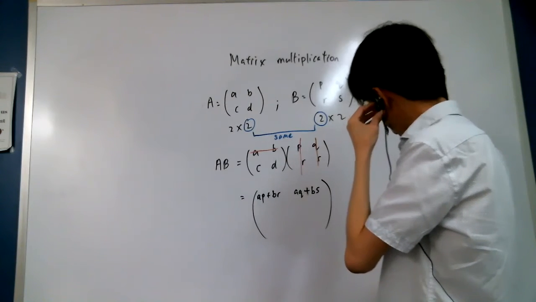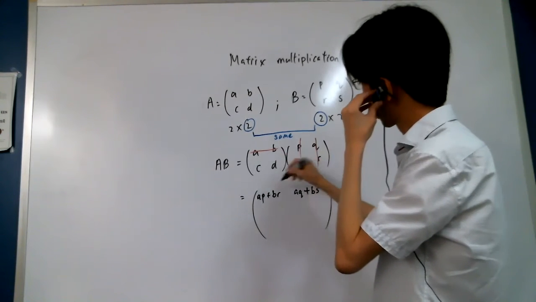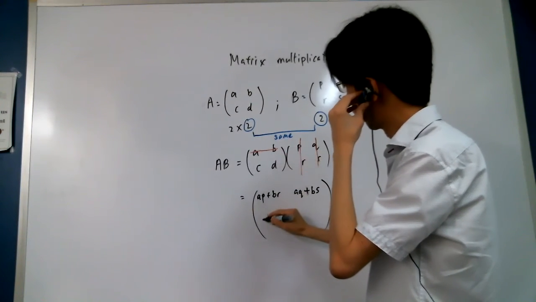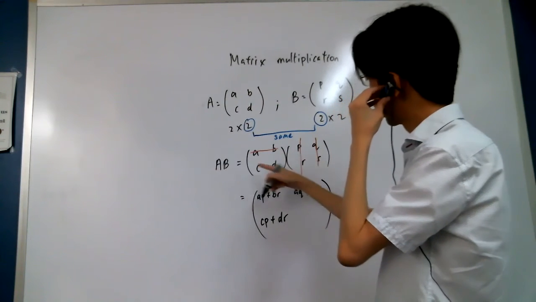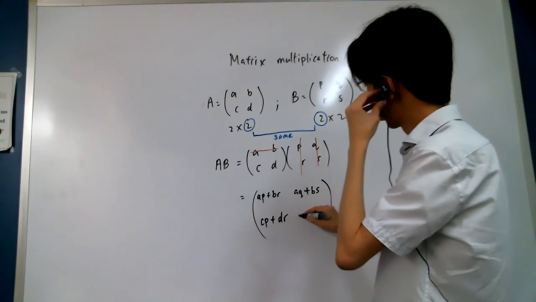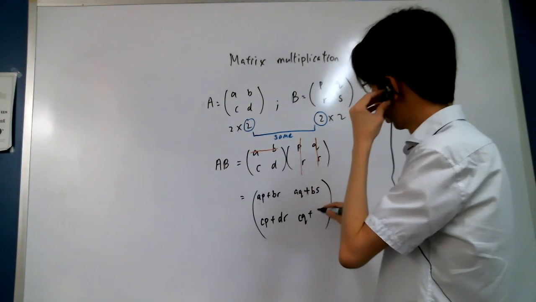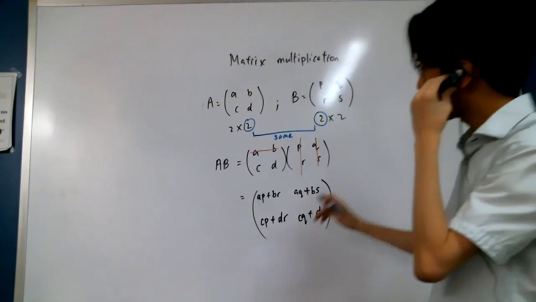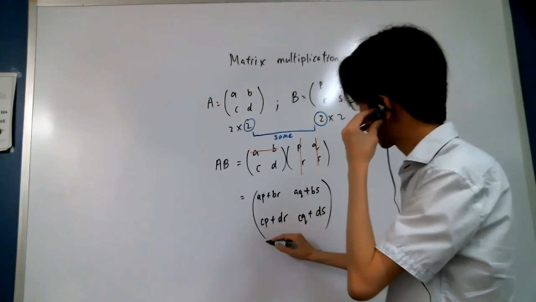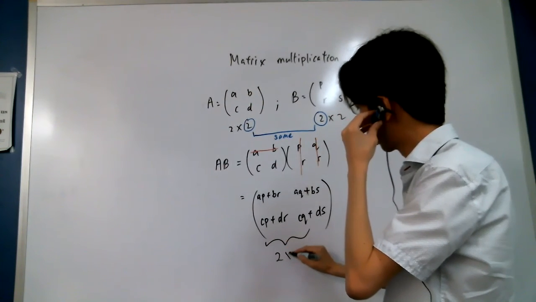So now we take a look at the second row and first column. So C times P plus D times R. Then finally, second row, second column, so CQ plus DS. So you can see that the resultant matrix, the order is 2 by 2.